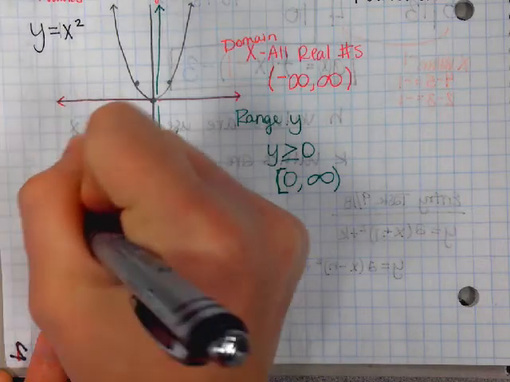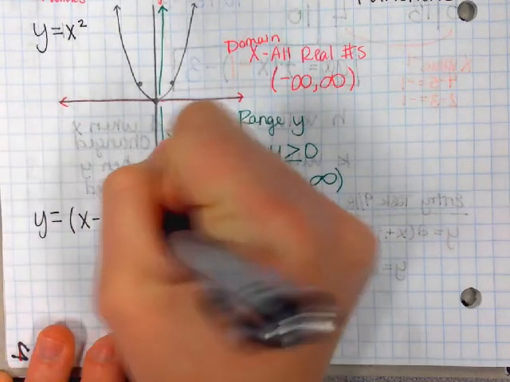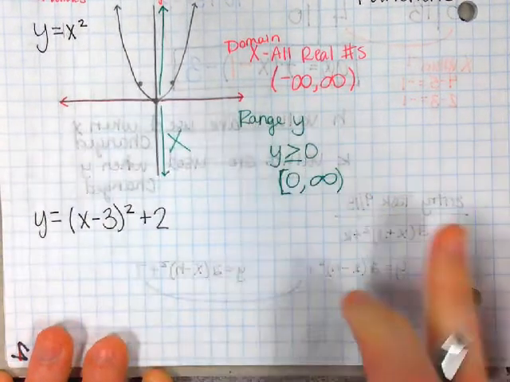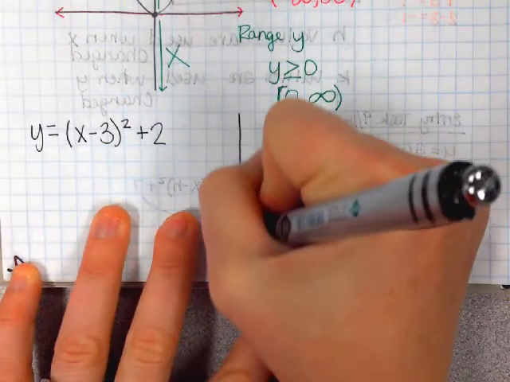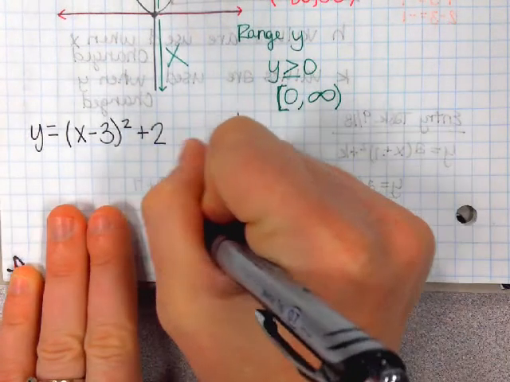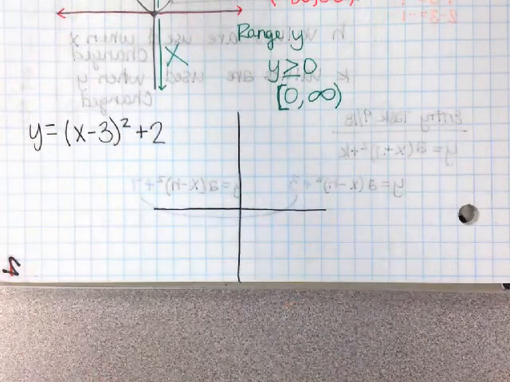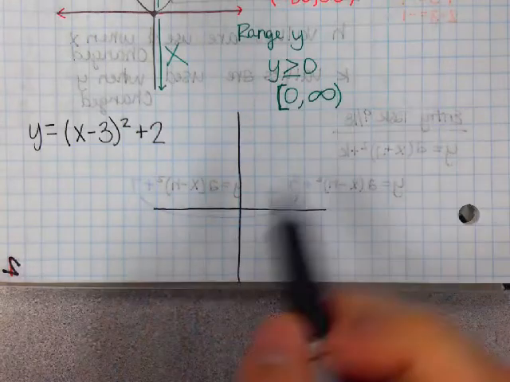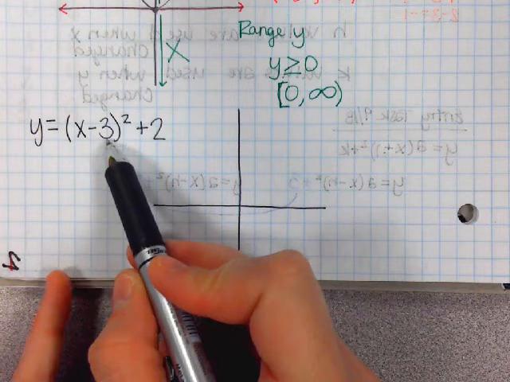Now let's do another one. y equals, parentheses, x minus 3 squared plus 2. Okay, move the vertex. So negative 3, x minus 3.